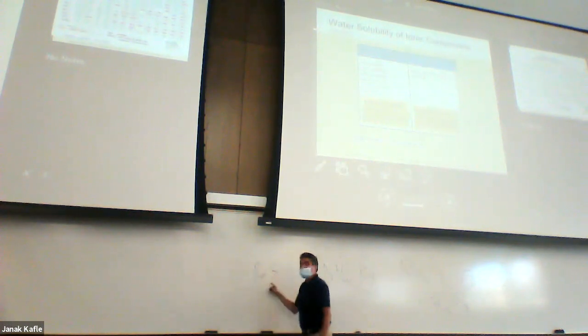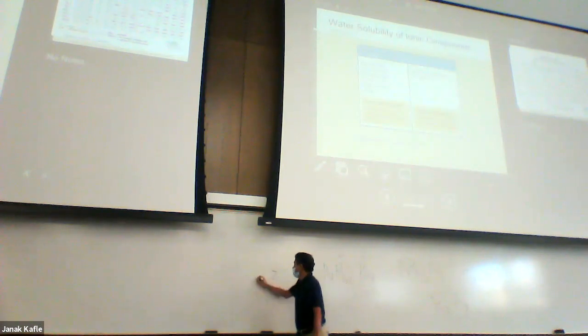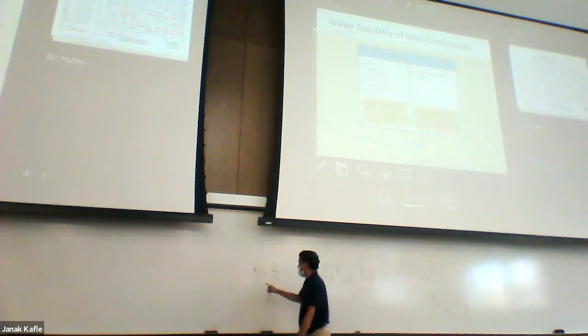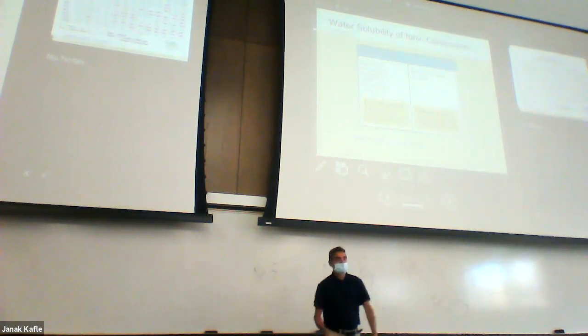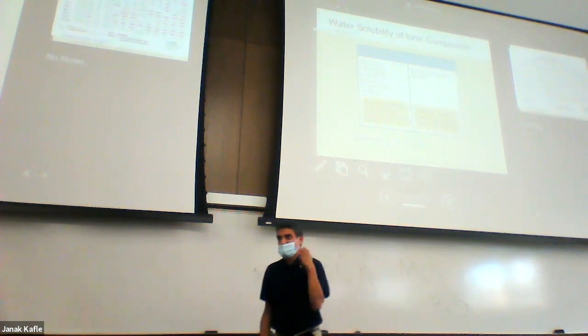So barium sulfide is soluble. If you put copper here, not soluble. But if you put sodium here, Na2S, this is soluble. That's how we identify whether something is an electrolyte, if it's an ionic compound.